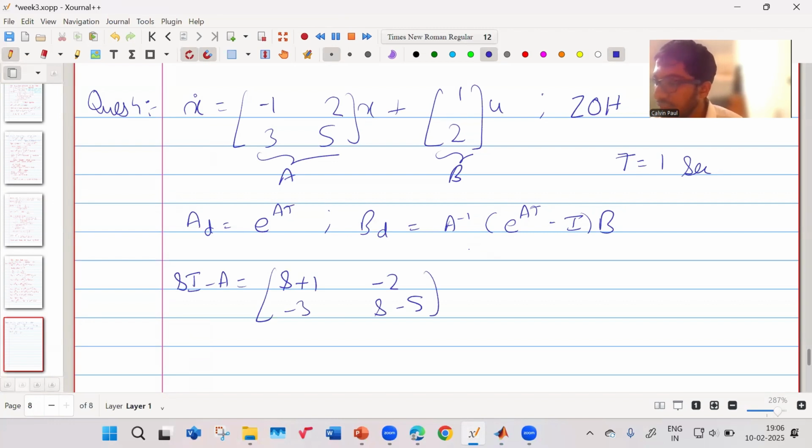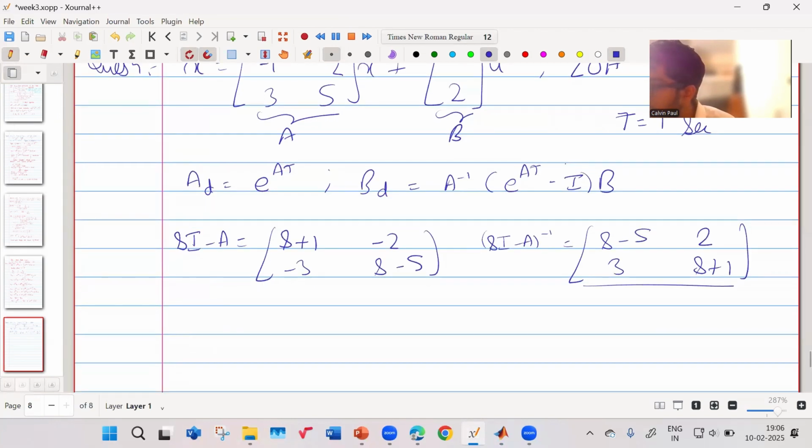If this is sI minus A, what is (sI minus A) inverse? That is equal to 1 over (s minus 5)(s plus 1) minus 6. We interchange the diagonal elements and change the sign of the off-diagonal elements. Then we multiply it out: s squared minus 5s plus s minus 5 minus 6.